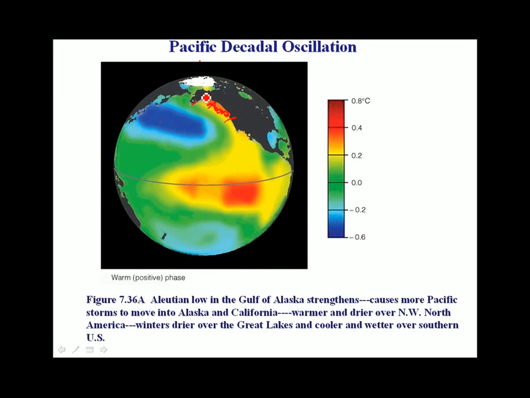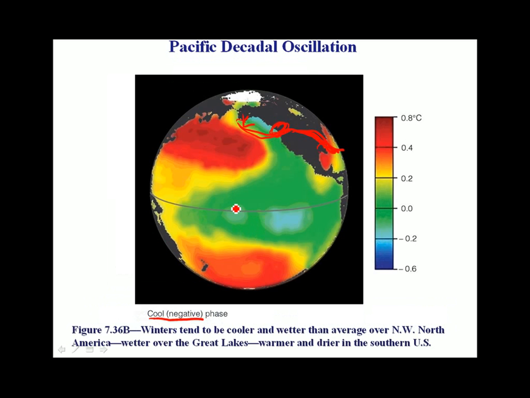Let me combine what's happening here in the northern Pacific with what's happening here in the equatorial Pacific. Then I took the opposite case. I looked at La Nina conditions, cooler than normal equatorial waters, and then cooler than normal coastal waters from Washington up to Alaska. So for this, I looked at the negative phase of PDO.